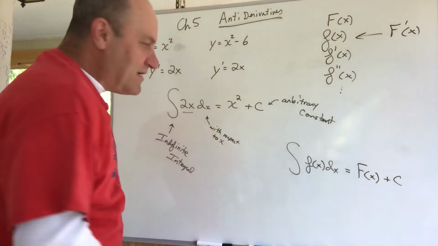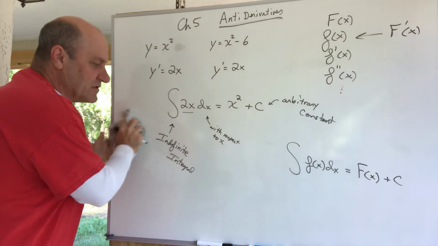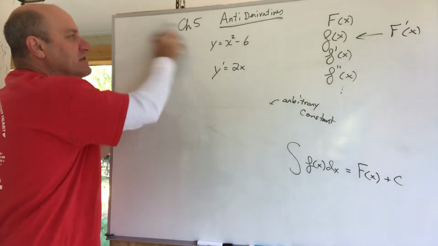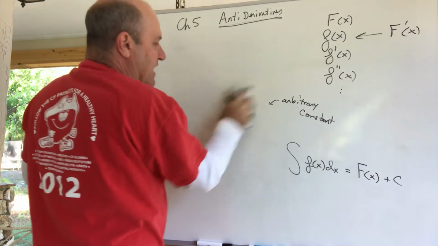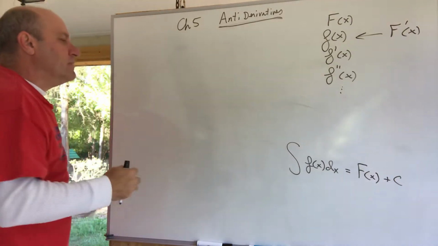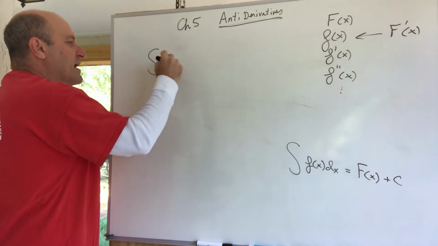Okay, well, there's many more rules to discuss. In fact, I haven't really discussed any rules. I've sort of discussed notation here and the concept of the arbitrary constant. Let's add to this a little bit. So maybe could you integrate cosine x?